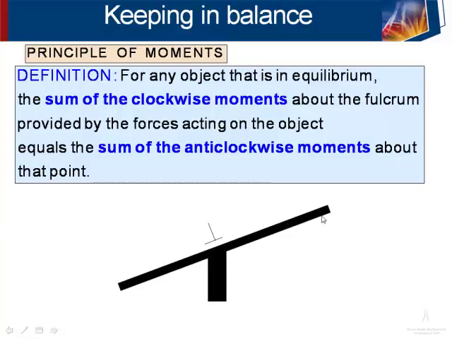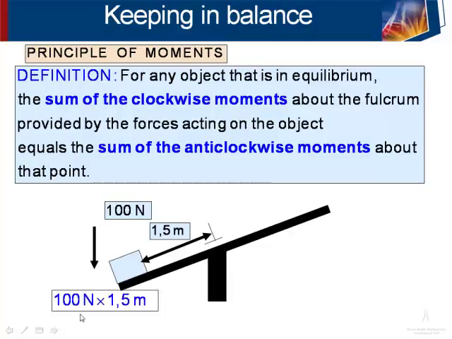Let's look at that. Here is a lever system with a fulcrum or a pivot point. If a force is applied on this side at a distance of 1,5 meters from the fulcrum, the moment on this side would be 100 newtons times 1,5 meters. Remember, this is the anti-clockwise moment, since this would move in an anti-clockwise direction.